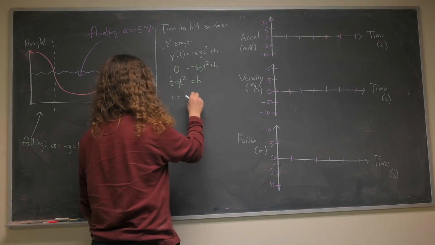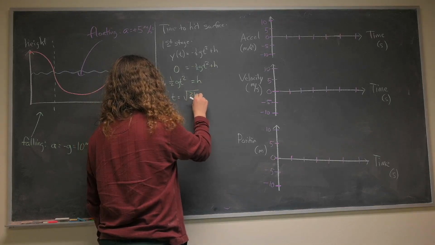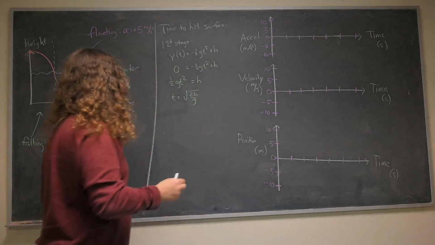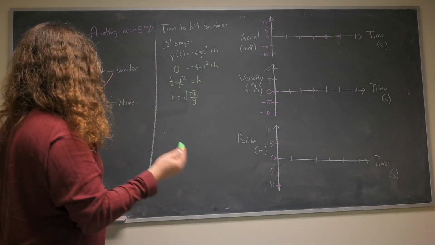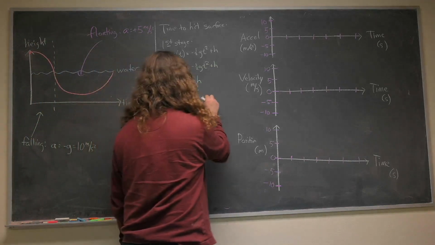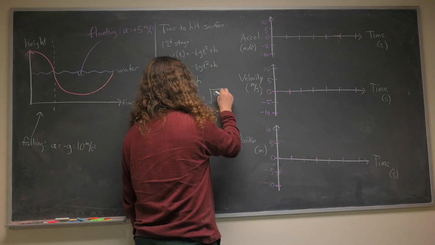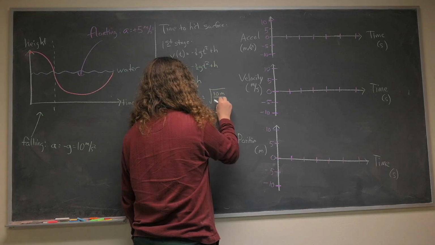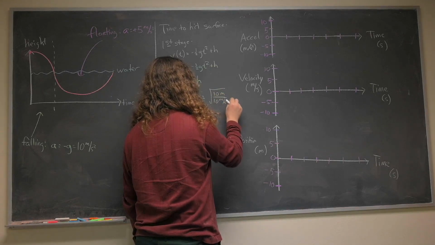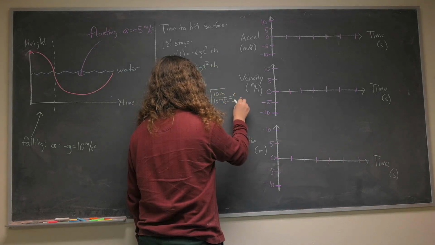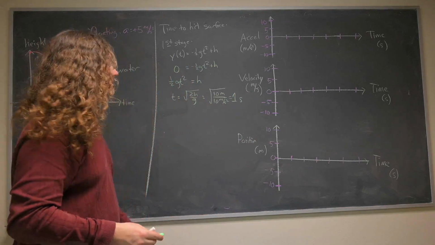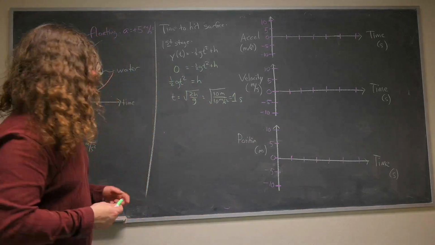So t equals the square root of 2h over g. So what is this? Well, h is 5 meters, so this is the square root of 10 meters over 10 meters per second squared, which is 1 second. That's really nice. This means we hit the water after 1 second.